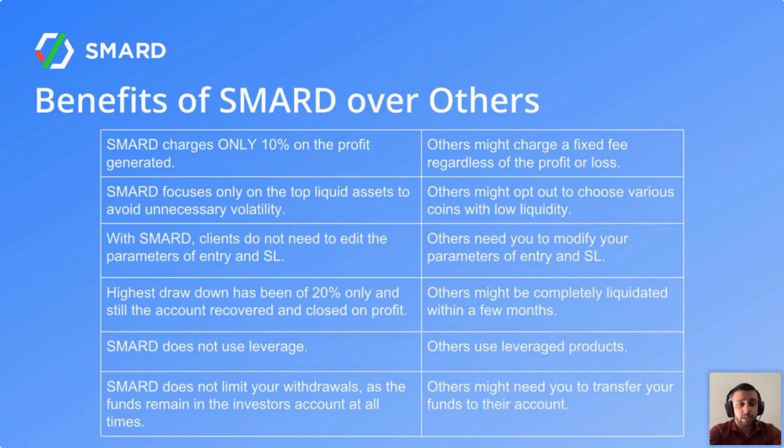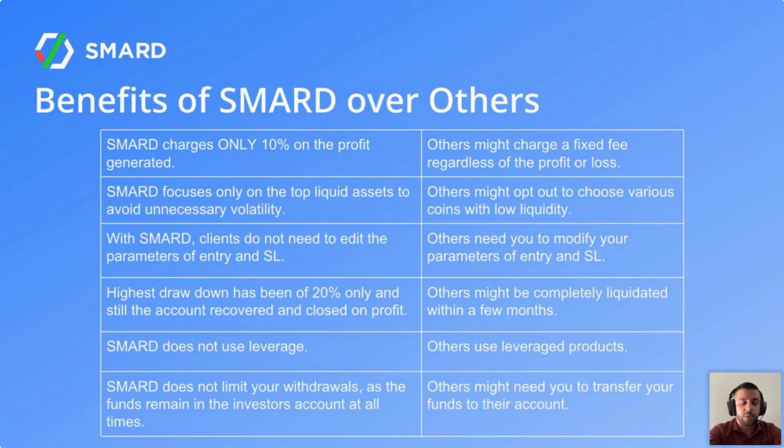Now, lastly, I've kept this for the last part because it's also one of the most important parts: with Smart, we don't limit your withdrawals. We have no control over your funds at all when it comes to access.